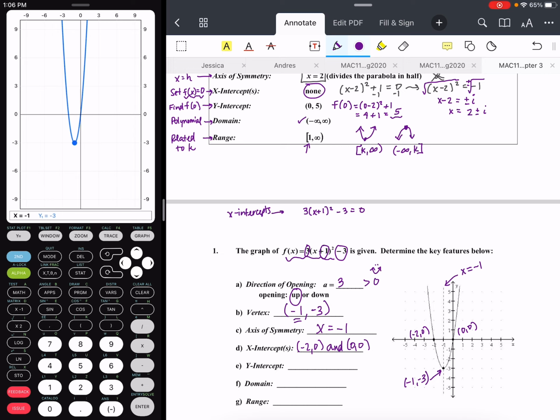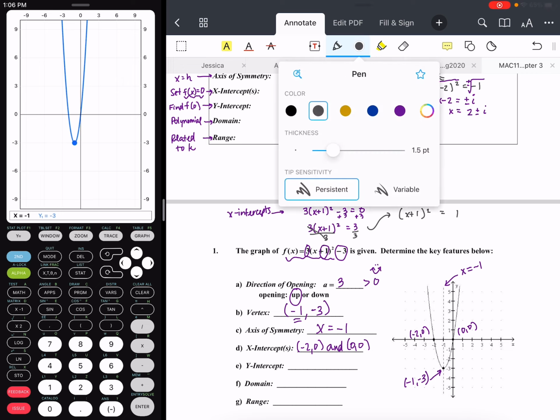Okay. We would add 3 to both sides. This gives me 3 times (x plus 1) squared equals positive 3. Then I'm going to divide both sides by 3. This gives me (x plus 1) squared equals positive 1.